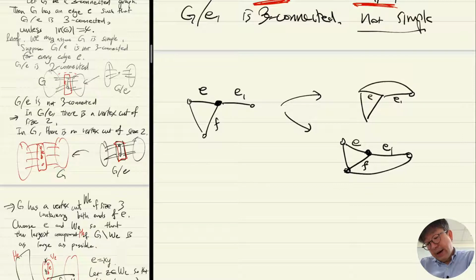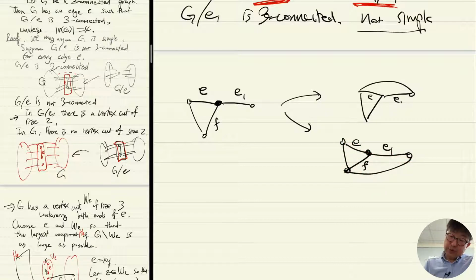Okay, and there's some symmetry. I will not care about this edge. I will only care about this vertex. This vertex is adjacent to all three.